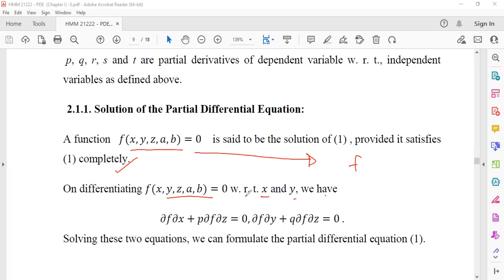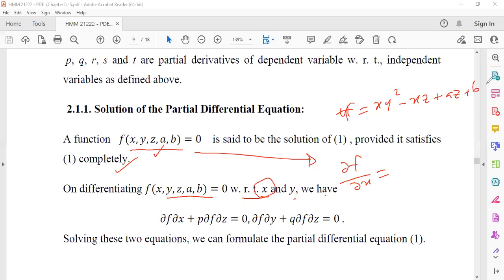If I'm differentiating with respect to x, I'll get ∂f/∂x. For example, let's say my f is a function of x y squared minus x z.